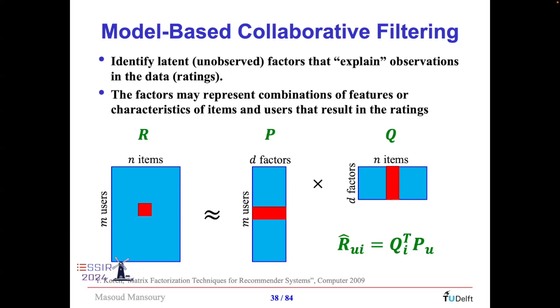For predicting the rating for a specific user on a specific item, for example this entry, we perform the dot product between the vector of the target user and the vector of the target item. This dot product returns the predicted rating for this user and item. It is a kind of matching between the characteristics of the user and item.